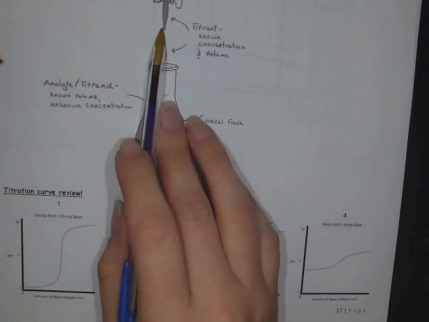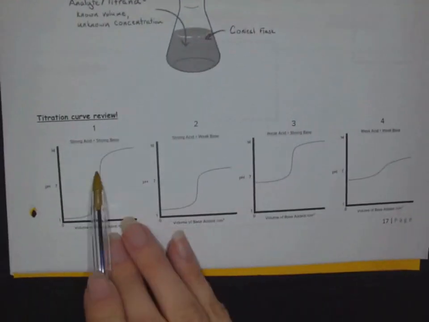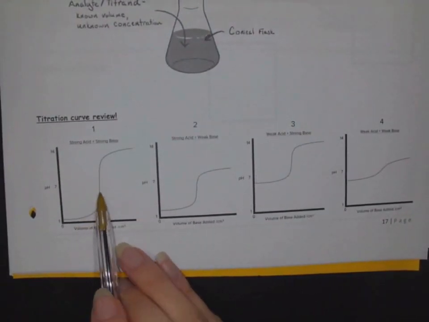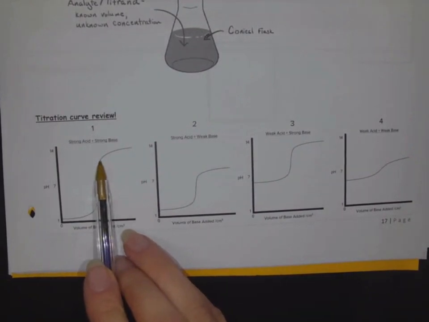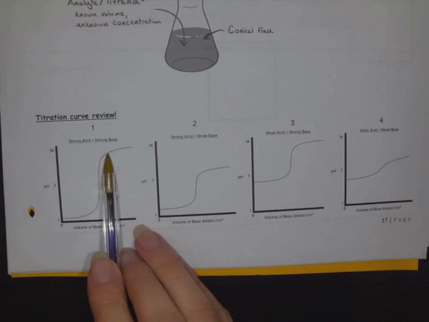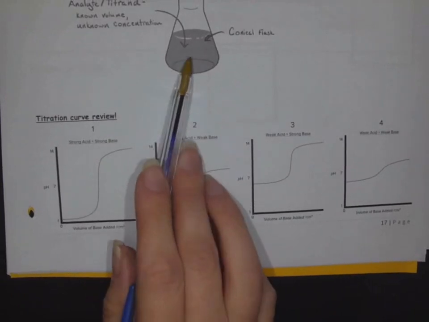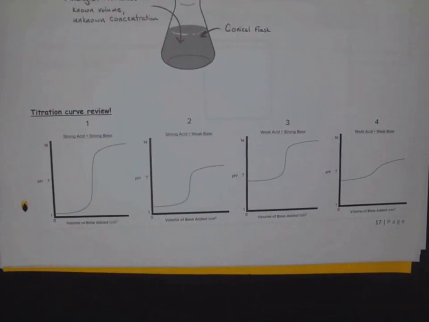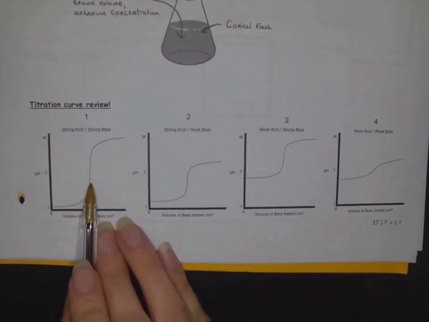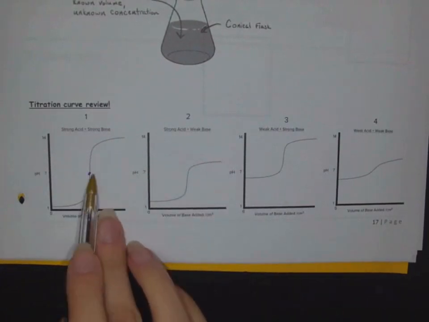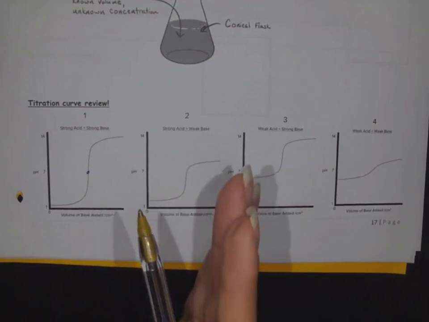So the base must have been dripping into this acid, because very slowly the pH starts to increase, then it drastically increases, and then we get to this point where it's primarily a base inside that we've added. The equivalence point is right at that halfway spot where it becomes more vertical.